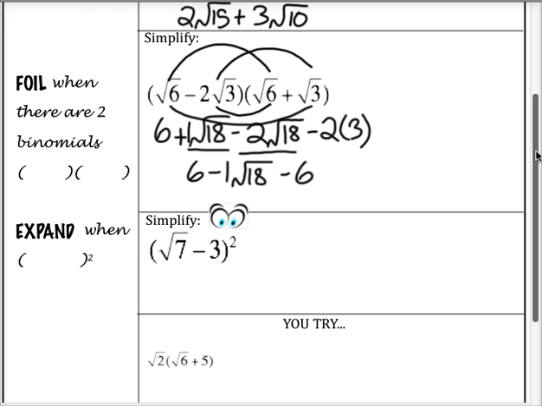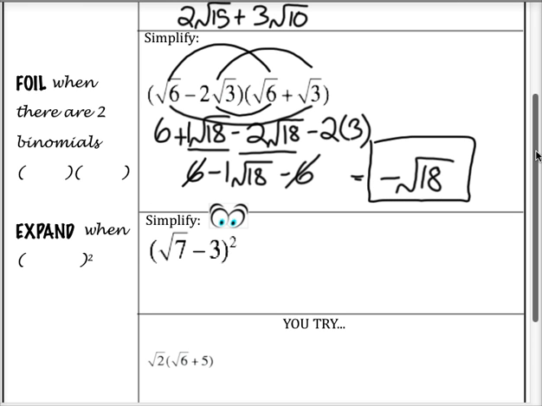Then 2 times 3 is 6. Well, 6 minus 6, so really we just end up with a negative square root of 18 after all of that mess clears. But again, the goal is just knowing to FOIL, then simplify any radical that you can, then combine any like radical.